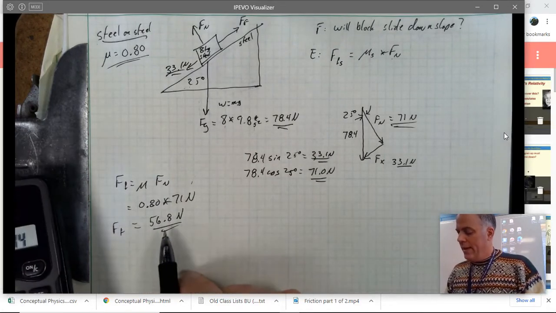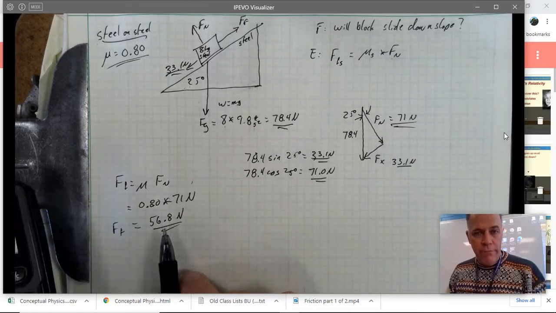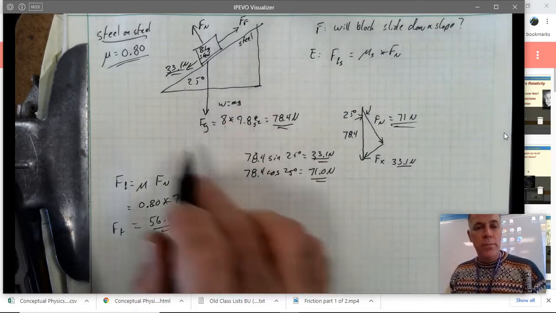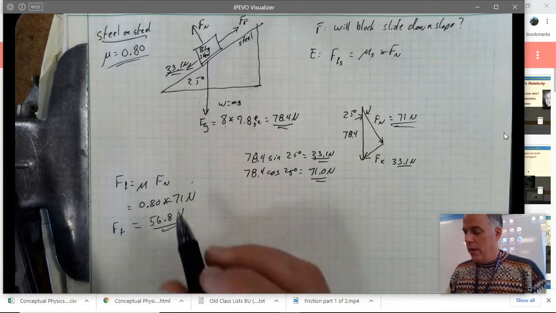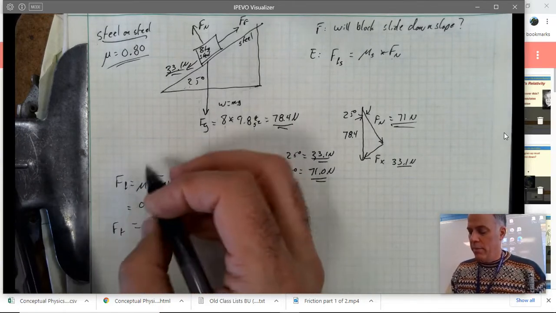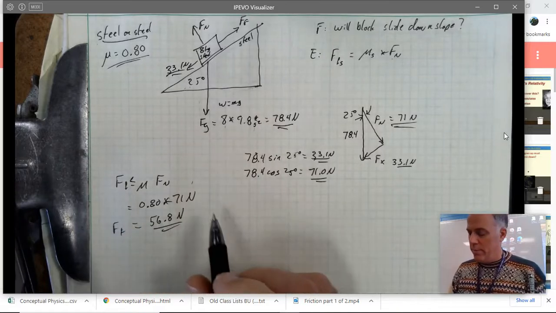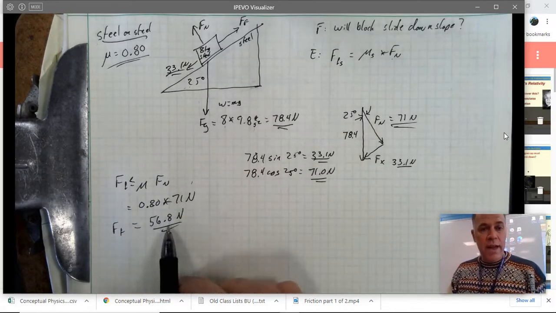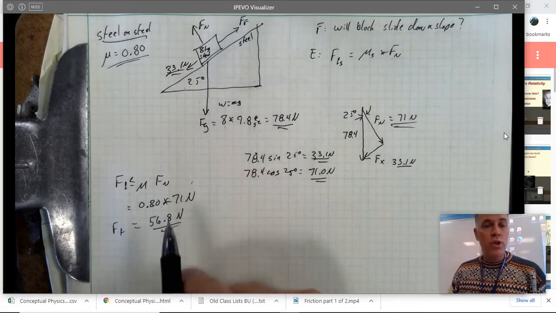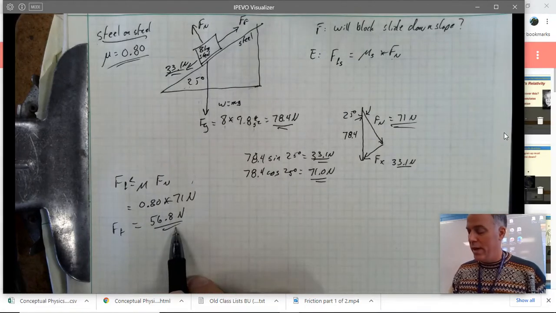So that is the maximum force of friction that this system can produce. Remember, it's variable. The force of friction is less than or equal to this number here. But in this case, what we've just figured out is that the friction could be as high as 56.8 newtons.